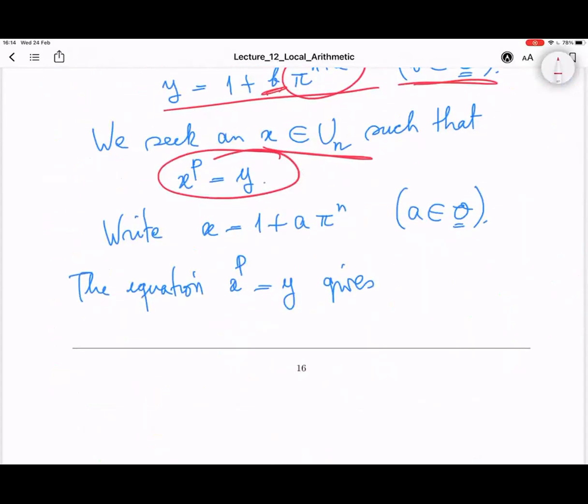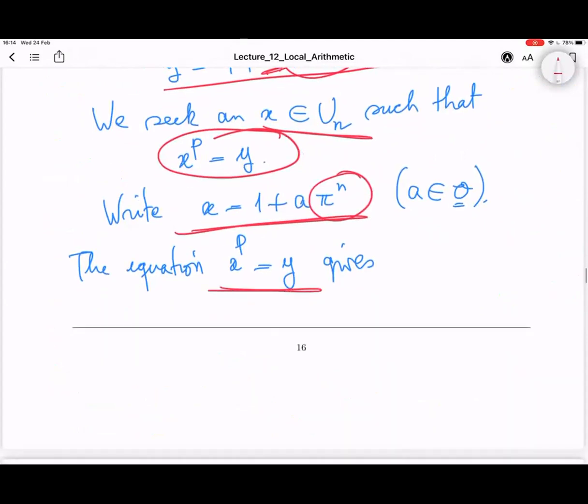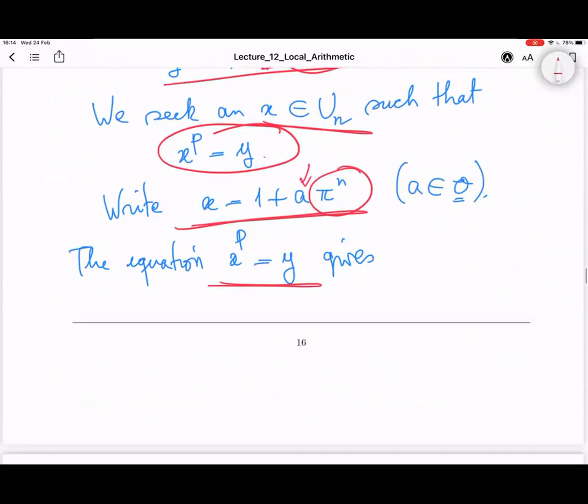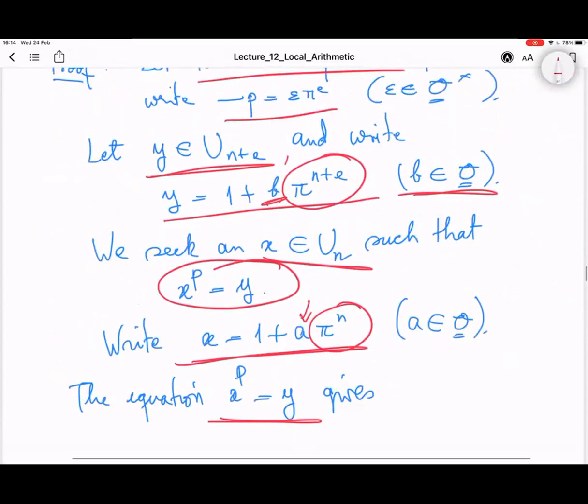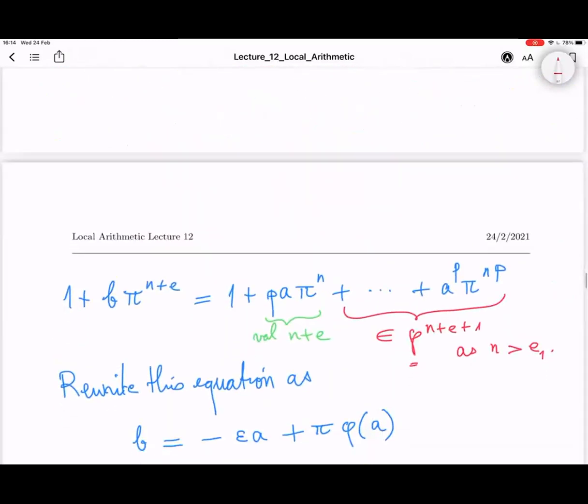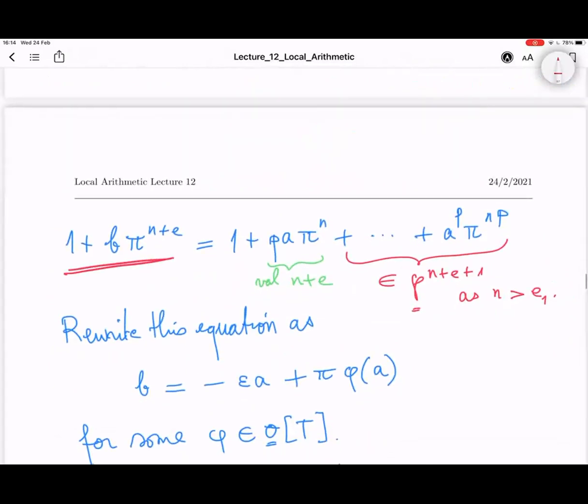So if x is in un, I write x as 1 plus a times pi to the n. And the equation I have is x to the power p equals y, which in terms of a and b becomes 1 plus b. This is y, and this is x to the power p.